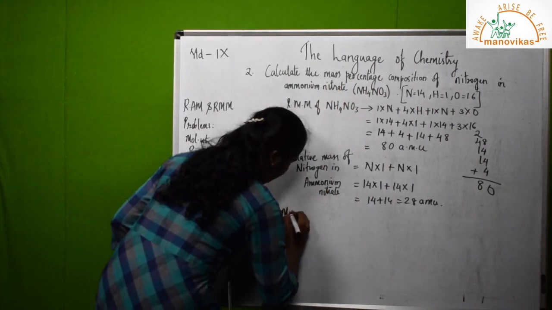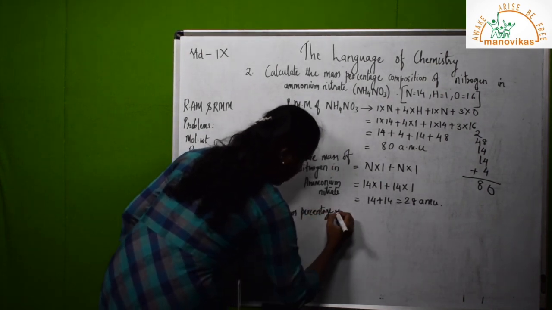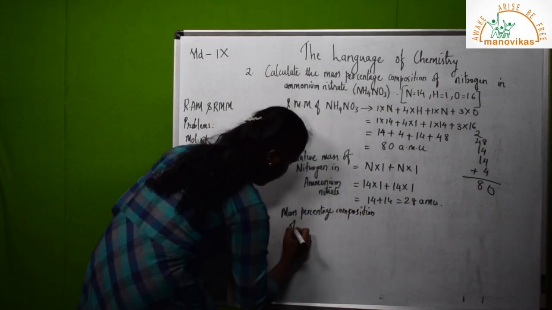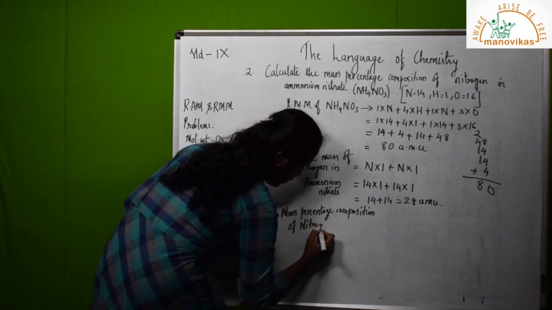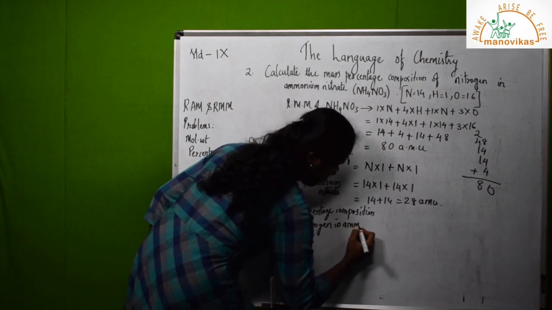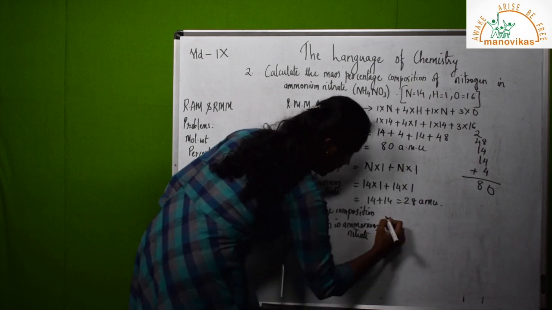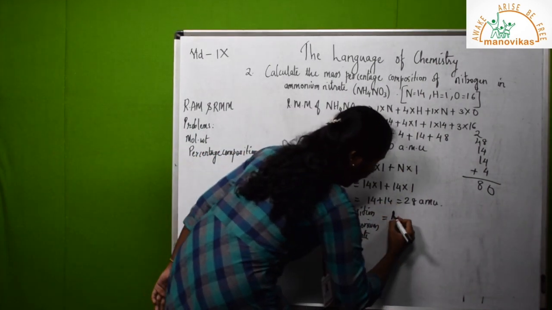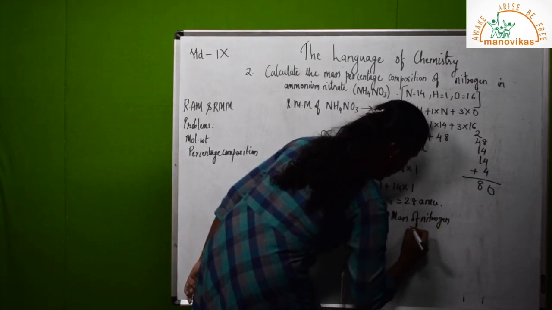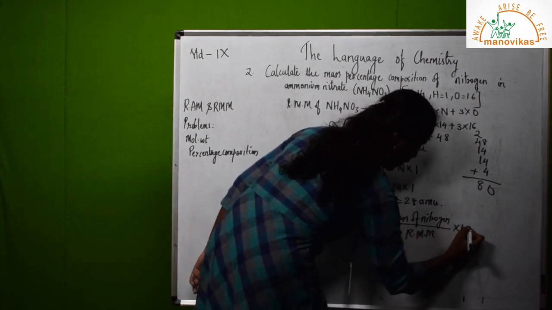So mass percentage composition of nitrogen in ammonium nitrate is equals to mass of nitrogen divided by relative molecular mass into 100.